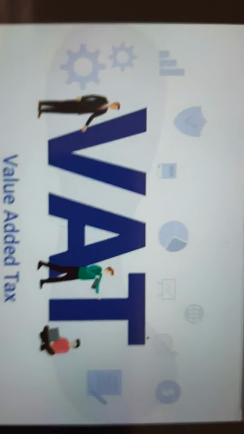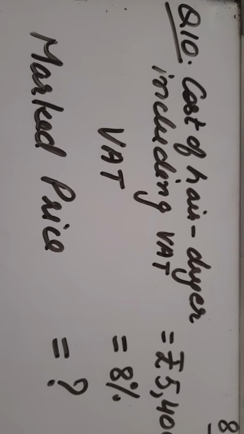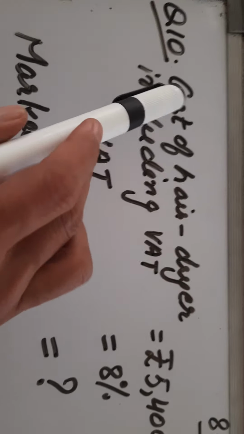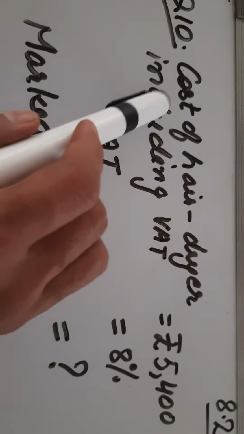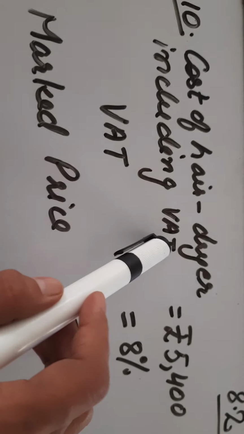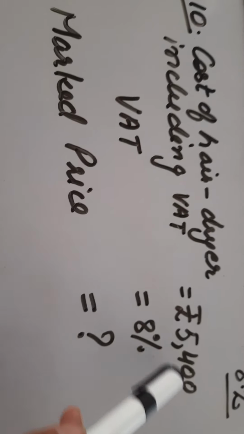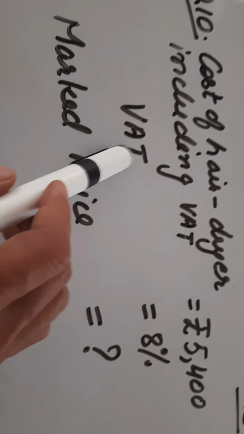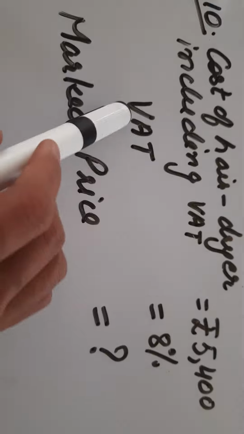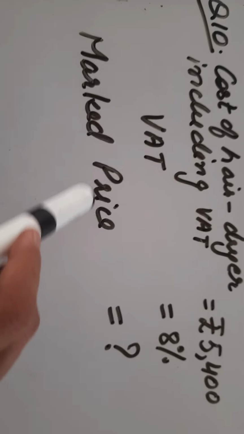So in this question, what is given to us, we'll write that. So we have been given cost of hair dryer including VAT, means this is the paid cost of hair dryer, that is 5400. We have paid this amount on, and how much VAT is included in this value added tax, it is 8%, and we need to find out the marked price.